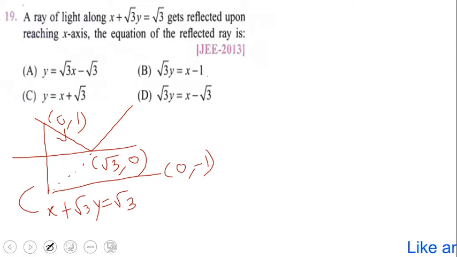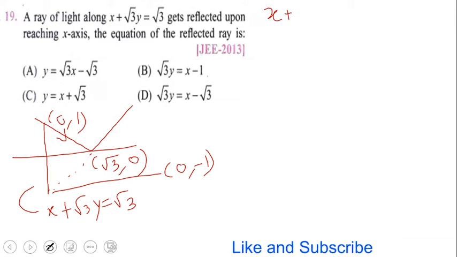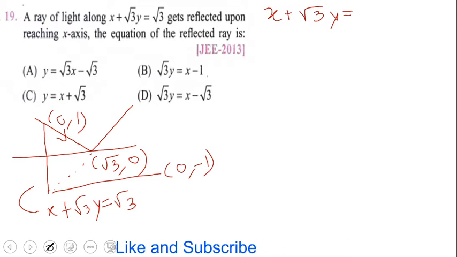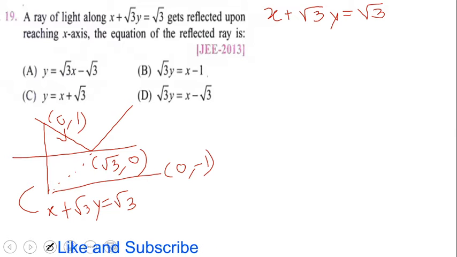So 3 coordinates we are going to get. So we have the equation x plus root 3y equal to root 3. So the equation of the reflected ray we have to write.